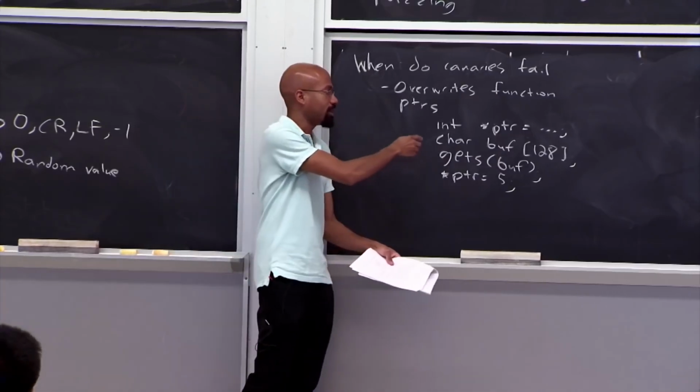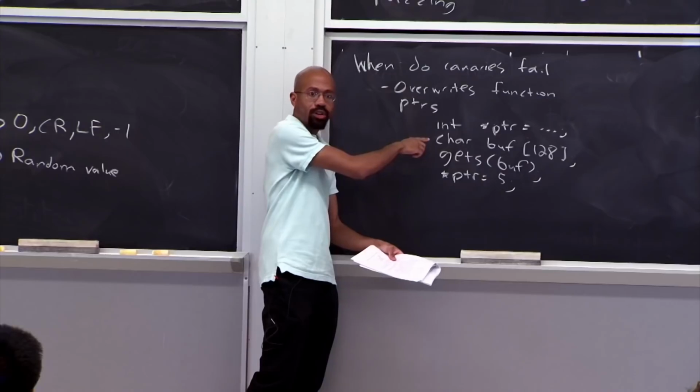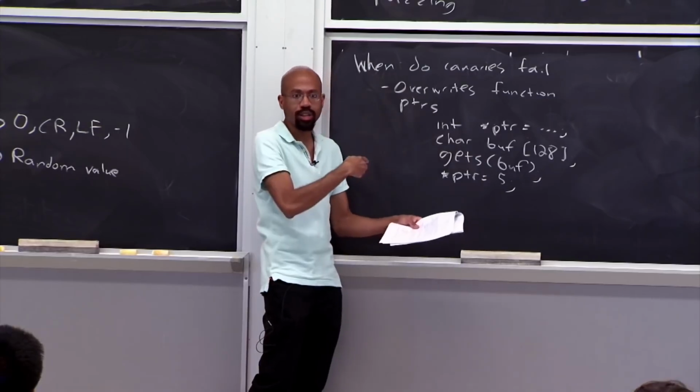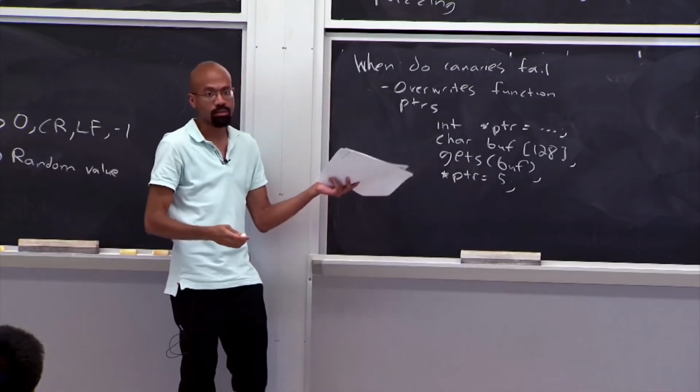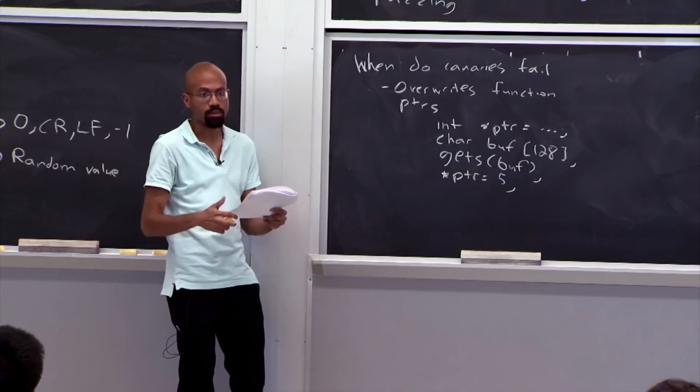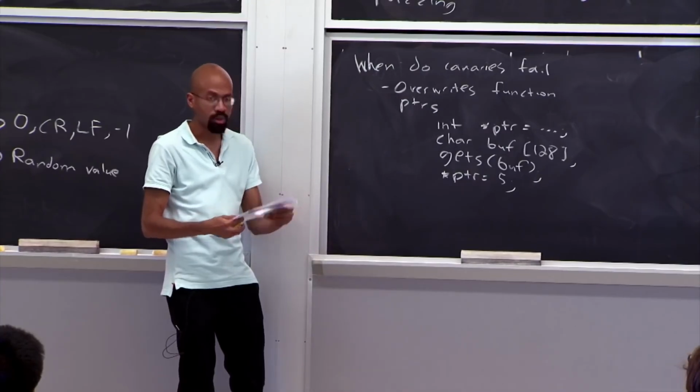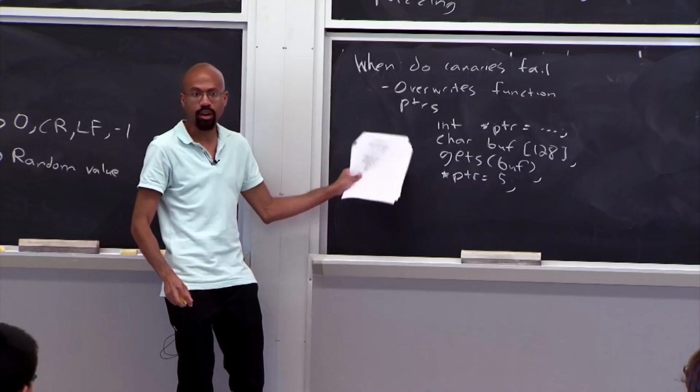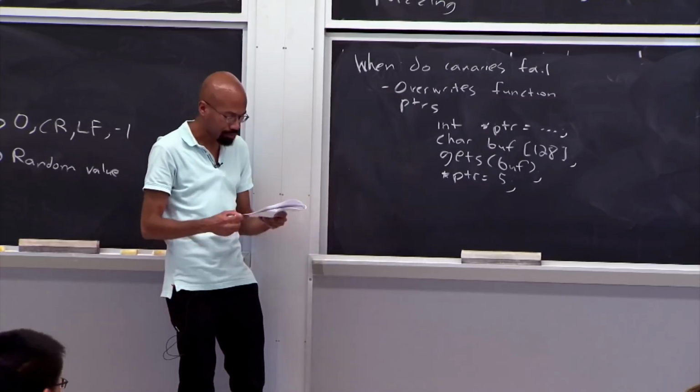Every single time you want to invoke any pointer or call any function, you've got to have code that checks whether that canary is correct. But in principle, you could do something like that. So does this make sense? We see that canaries don't help you in this situation.